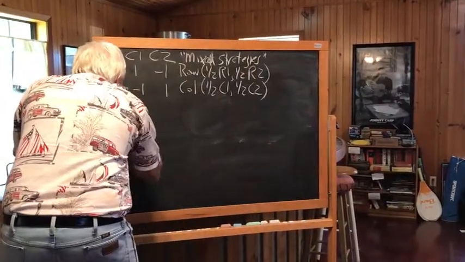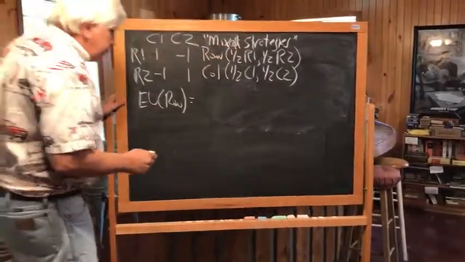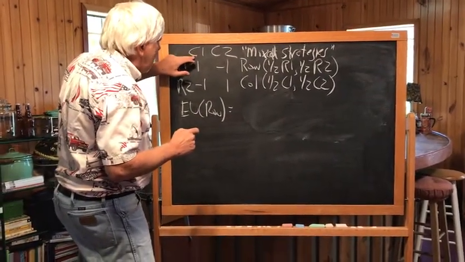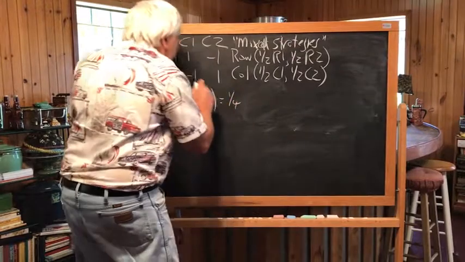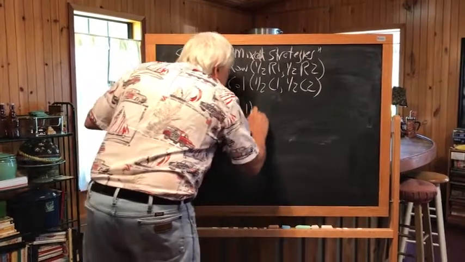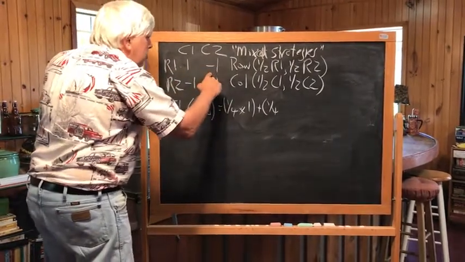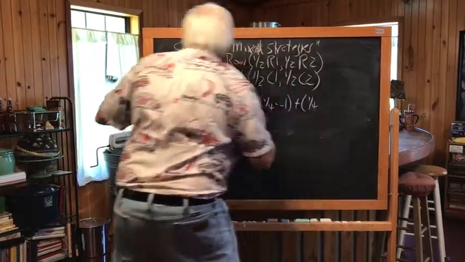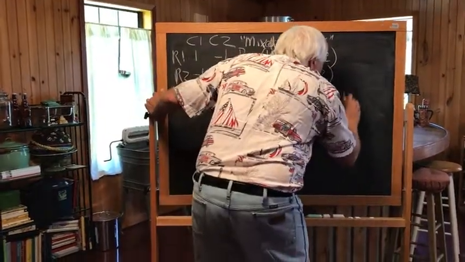Now calculate the EU of this game for Ro under these strategies. 1/4 of the time, that is half the time that column chooses C1 and half the time that Ro chooses R1, Ro is going to end up +1. 1/4 of the time, when Ro chooses R1 and column chooses C2, Ro's going to end up at -1. 1/4 of the time, where Ro chooses R2 based on the coin flip and column chooses C1, Ro's going to lose 1.